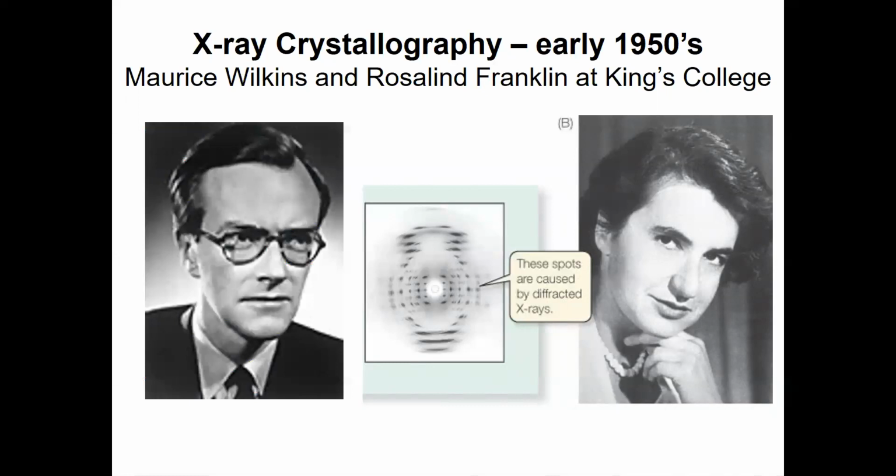Both of their works, particularly Rosalind's, helped create the foundation in which other scientists realized that DNA forms this spiral, twisty helix shape. They were very important scientists working on determining the structure of DNA.